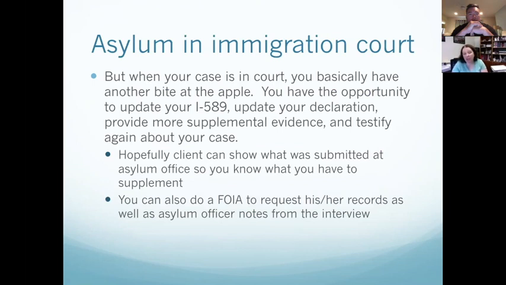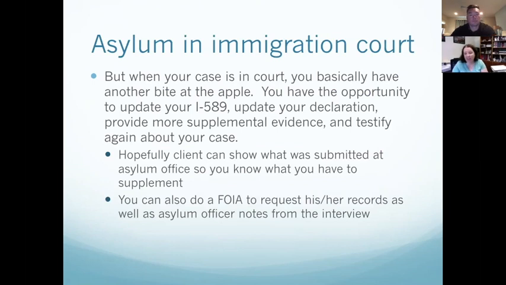So you get a second new opportunity. You can update the I-589, update your client's declaration, provide more evidence, and the most important thing, I think, is that your client gets another opportunity to testify about their case.